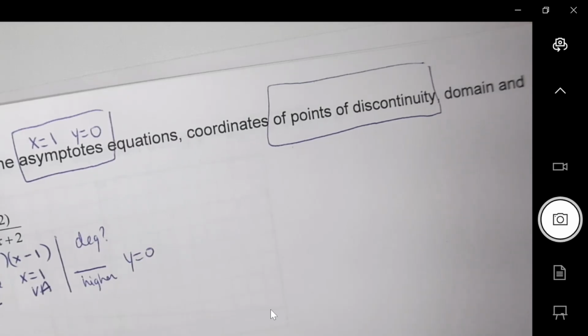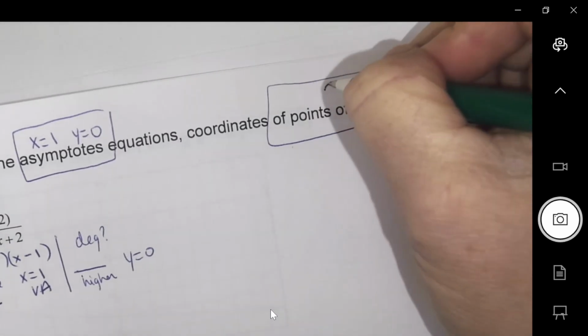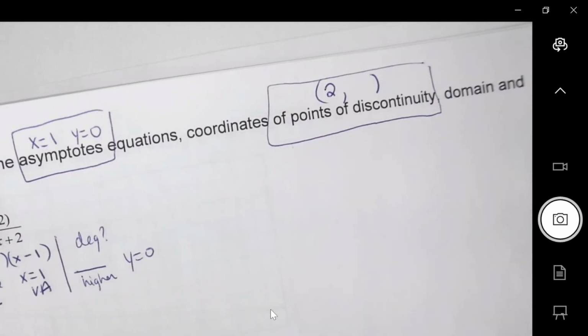Okay, point of discontinuity, the hole is at 2, comma, but I'm asked for the coordinate. So I need 2, comma, how do I get that other part?